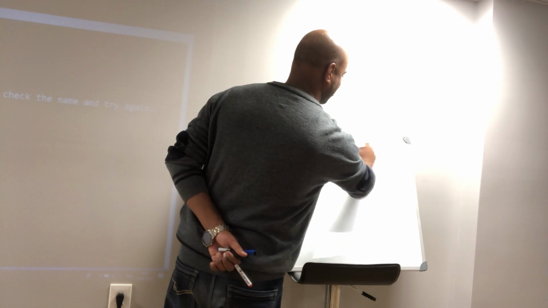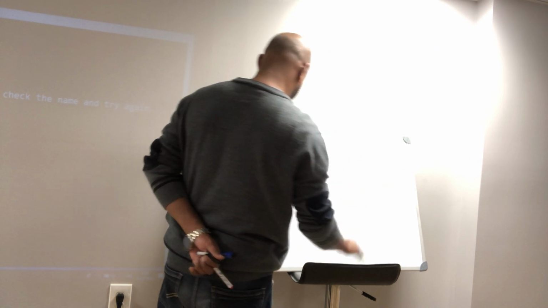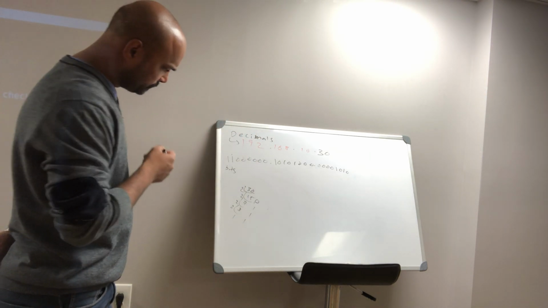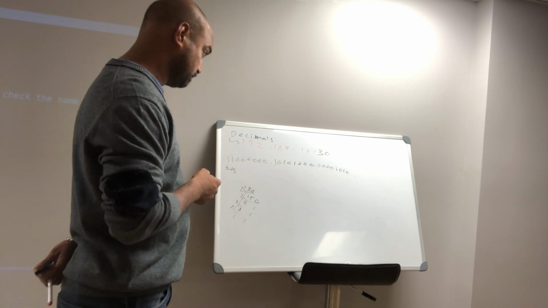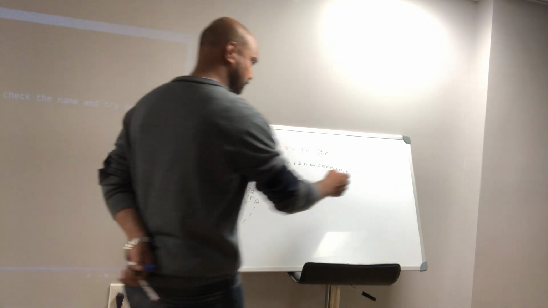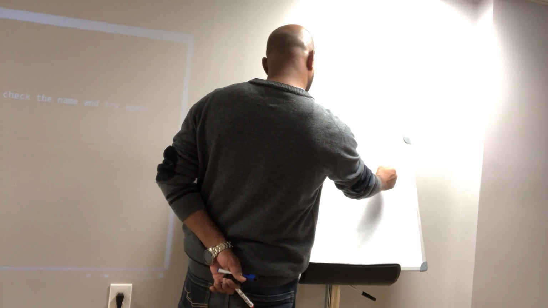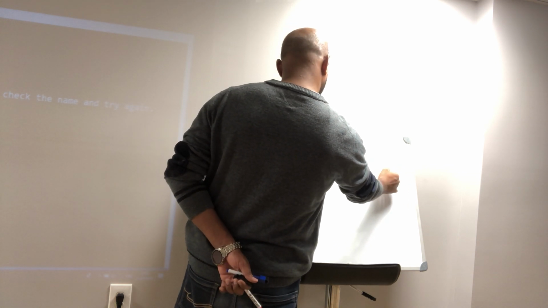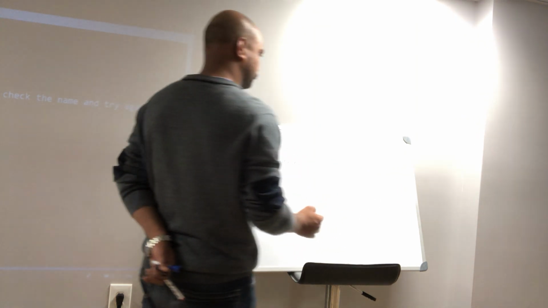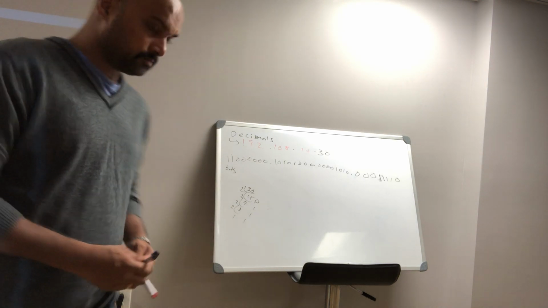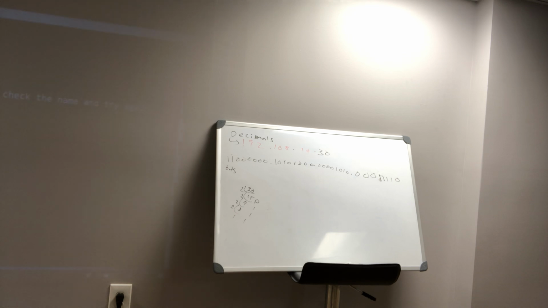What did you get? I get like 5 bits. So I can add 0s: 0 0 0 0 1 1 0. 1 2 3 4 5 6 7. 5 zeros, 1 1 0, I think. 5 zeros?